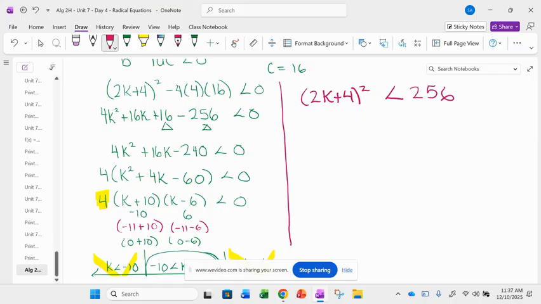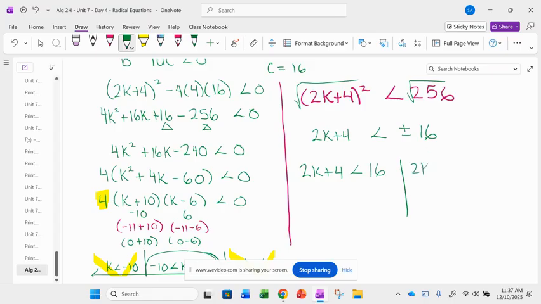Yeah. Okay, so if you were to do this, you would have square rooted both sides to solve. So then you would have 2k plus 4 is less than plus or minus 16. And then you would have 2k plus 4 is less than positive 16, and 2k plus 4 is less than negative 16.